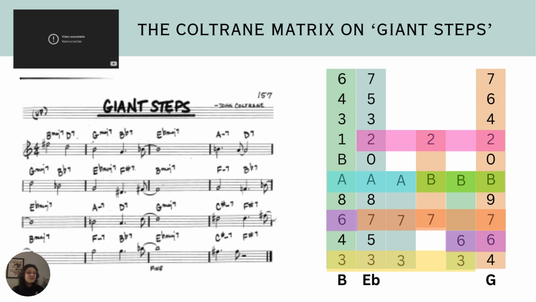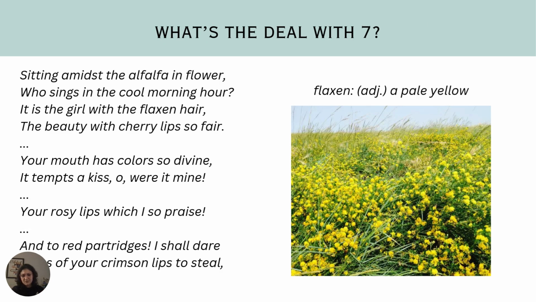This doesn't mean what Coltrane did is necessarily better, although, I mean, the Coltrane matrix, this is brilliant. And he certainly developed this, at least partially, out of the way Debussy was relating modes to each other. But let's talk about why Debussy didn't want to make it a symmetrical relationship between his modes the way Coltrane wanted to make it a symmetrical relationship between modes.